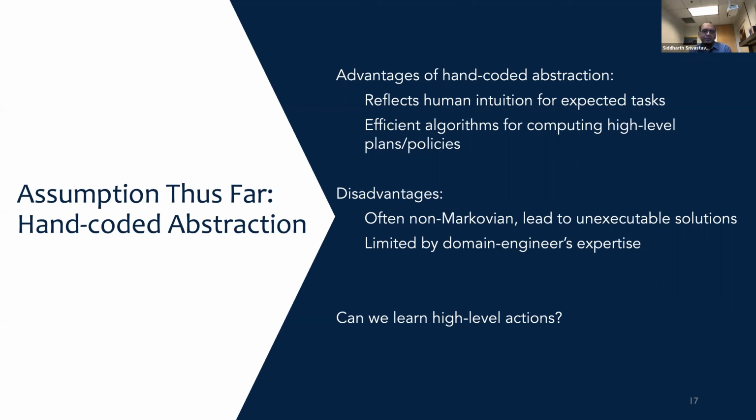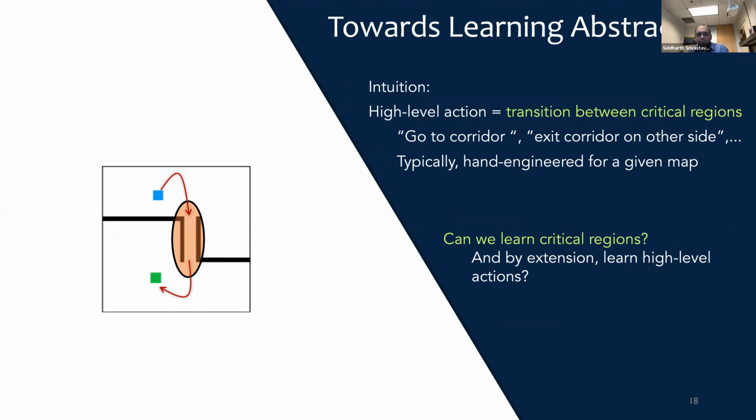If you think about it, a high-level action, even a pickup action, is moving between regions in the state space that are important. For instance, having the gripper empty versus having something in the gripper. This is a good action. I call it pickup because having something in my hand is generally useful. It's a critical region.